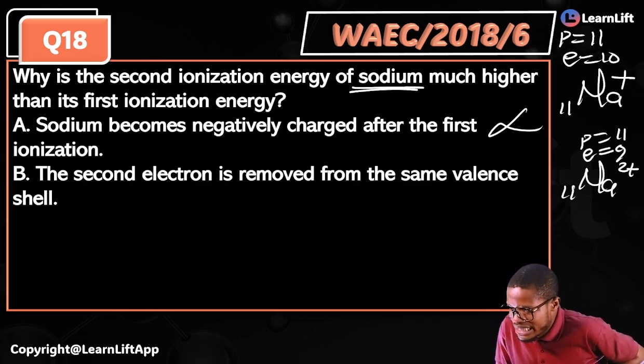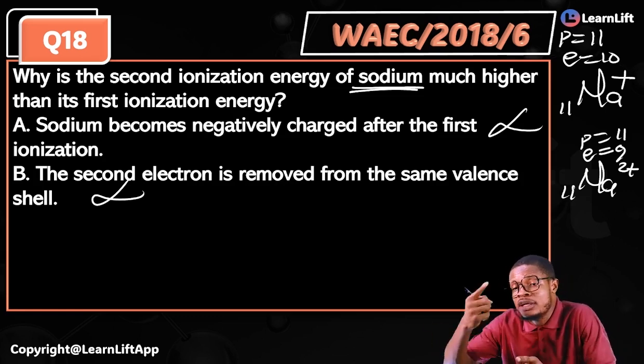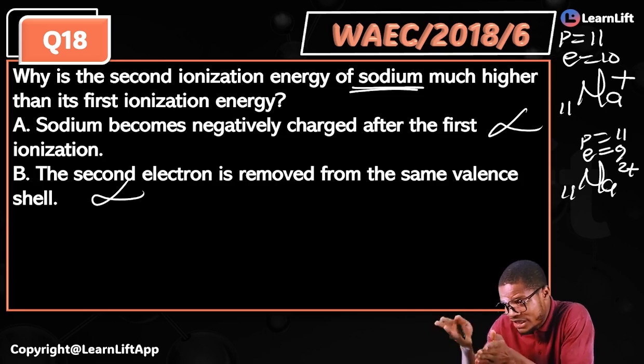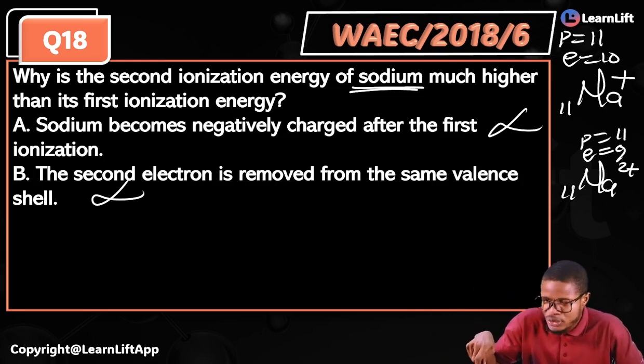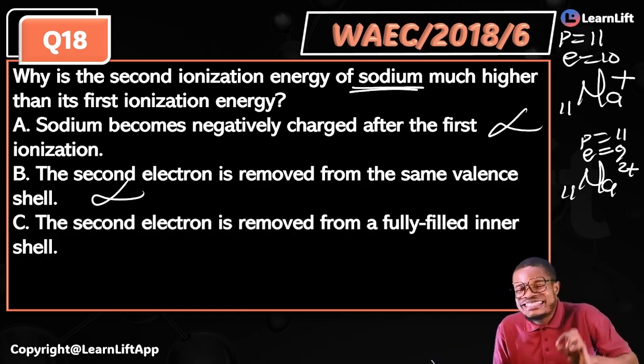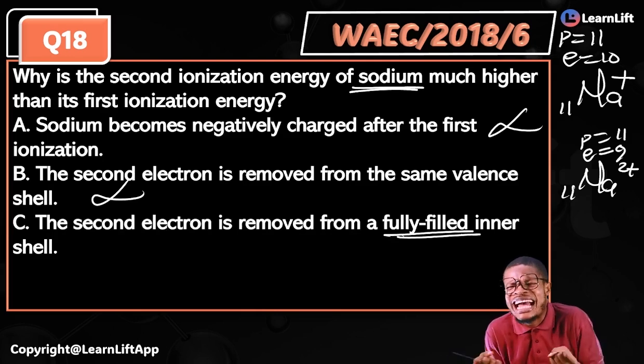It's not true. It is the first electron that you remove from the same valence shell, from the outermost shell. After that, you fall down to the next shell, right?